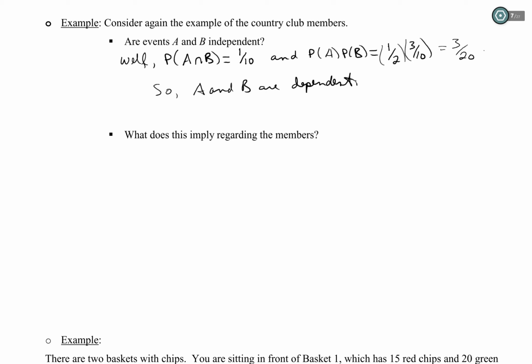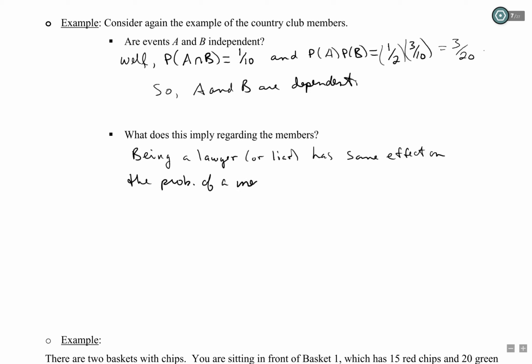That is, that being a lawyer or liar has some effect on the probability of a member being a liar, or equivalently a lawyer. Getting both statements in there.